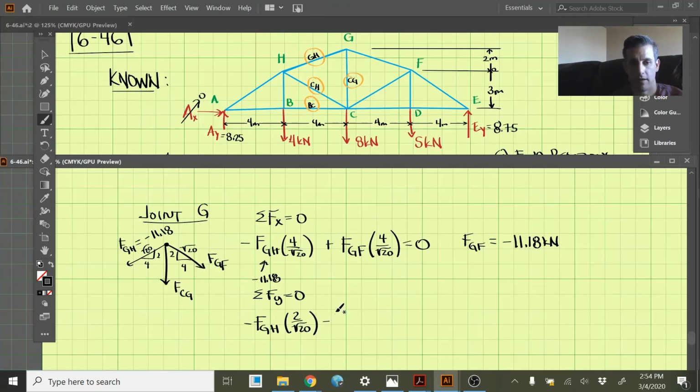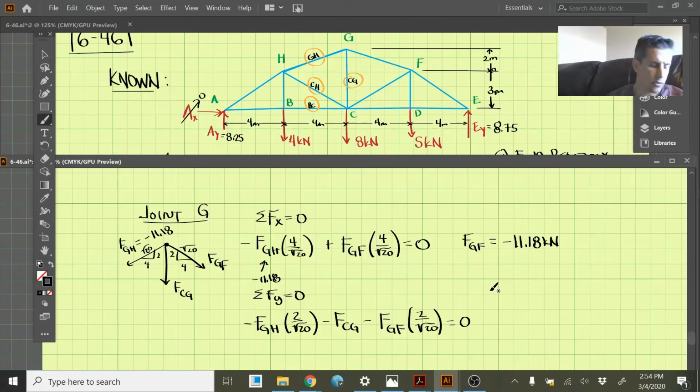We have FCG, and then FGF, and the component of that is 2 over square root of 20. All right, and set that equal to 0.